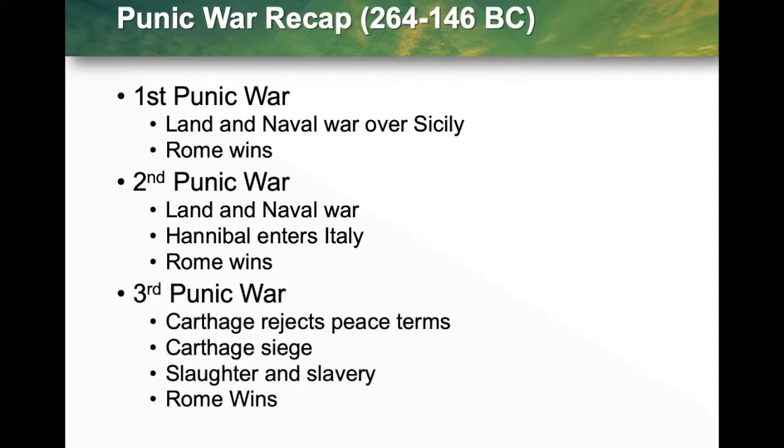And thirdly, we saw the Third Punic War, where Carthage had rejected some peace terms that were given by Rome after Carthage had invaded a Roman ally area. And because of the rejection of the peace terms, Carthage was put under siege.